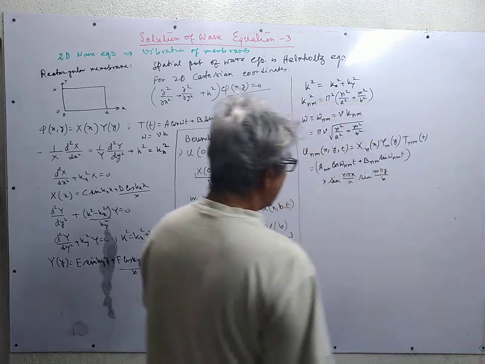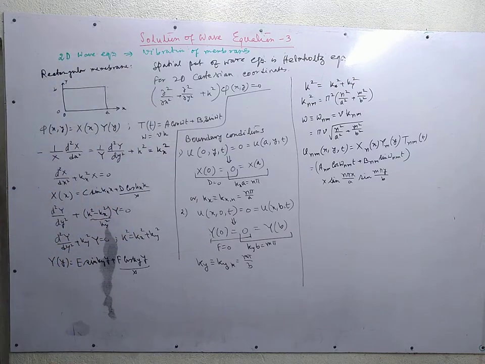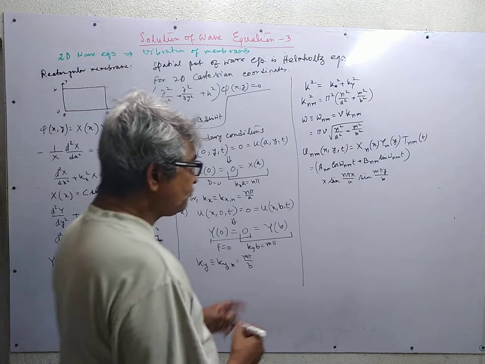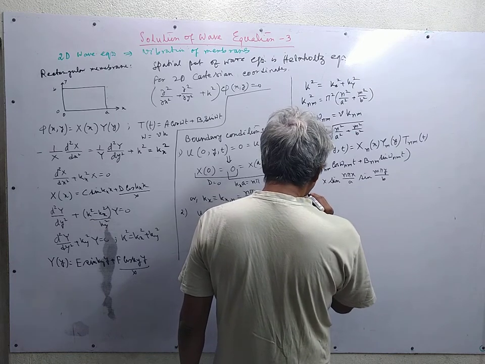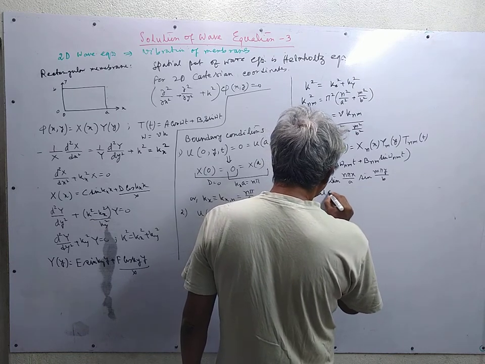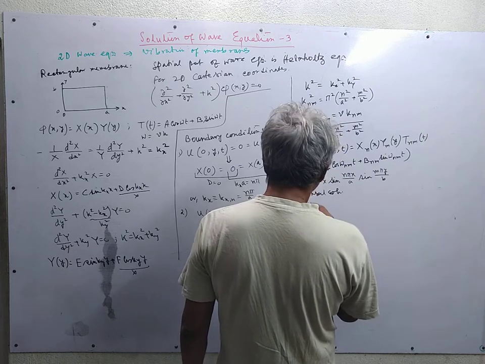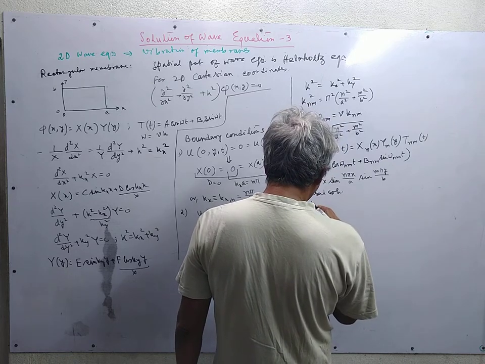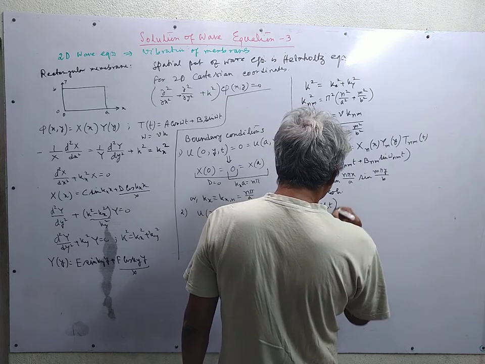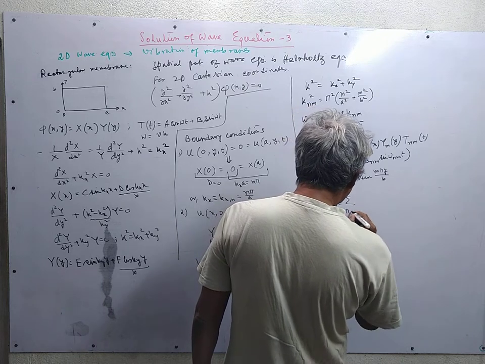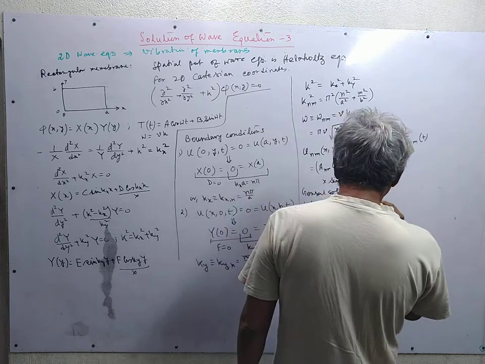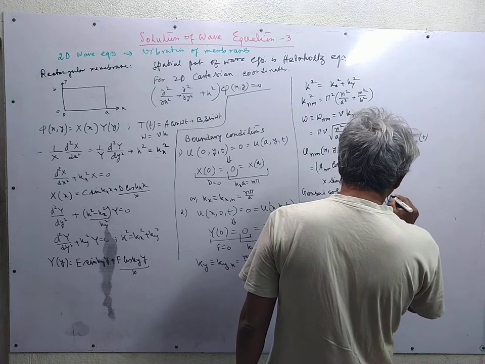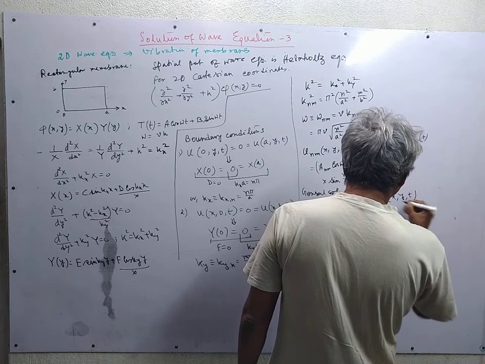This is the solution for a given pair of n m. The general solution is u of x y t is a summation over n and m ranging from 1 to infinity, u of n m x y and t.